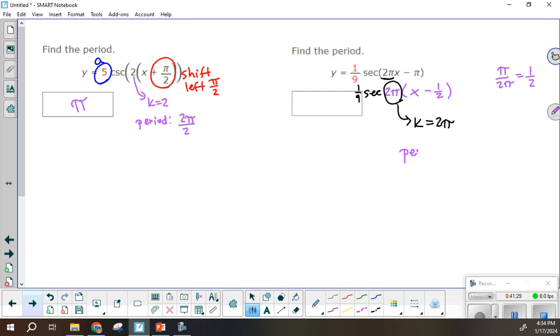So our period is going to be 2 pi divided by k, which is also 2 pi. That just leaves us 1 is our period. Okay, even though it looks weird, you still got to do the math. Okay, factor out what the k value would be, and then take 2 pi divided by k to get your period if it's cosecant or secant. Take pi divided by k if it's tangent or cotangent.